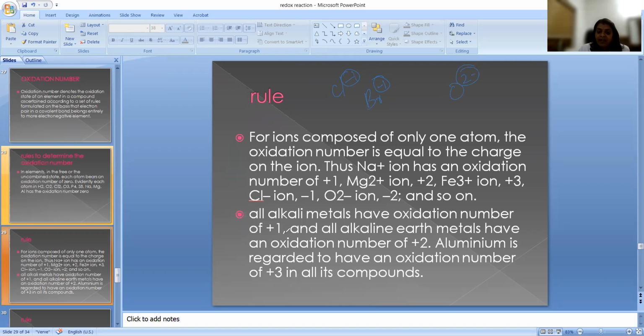Alkali metals have a tendency to lose 1 electron always, so their oxidation number is like Na+1, K+1. It is always plus 1. Alkaline earth metals are in the second group and they have a tendency to release 2 electrons, so their oxidation number is plus 2. And in the third group, aluminium is a metal that will release 3 electrons, so its oxidation number is plus 3.